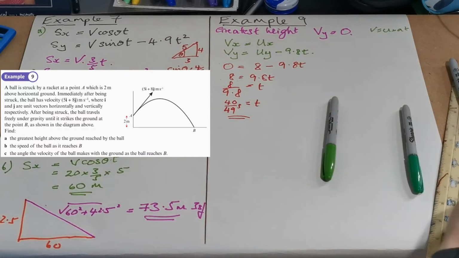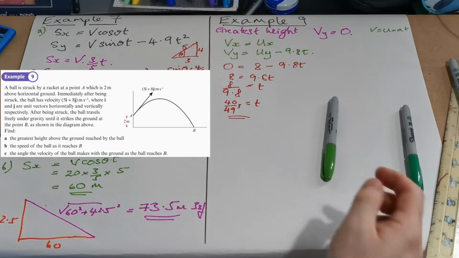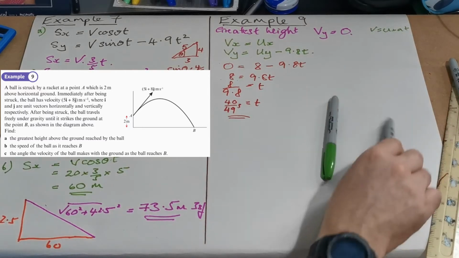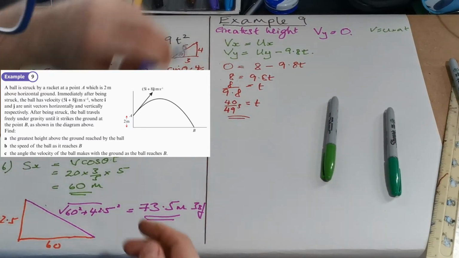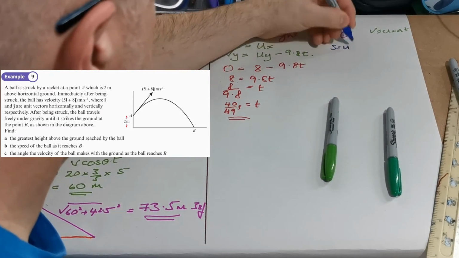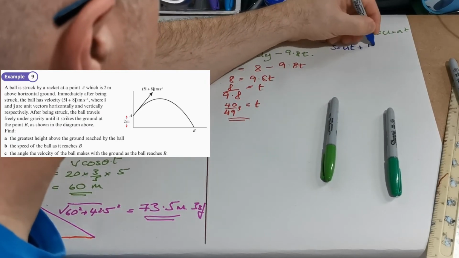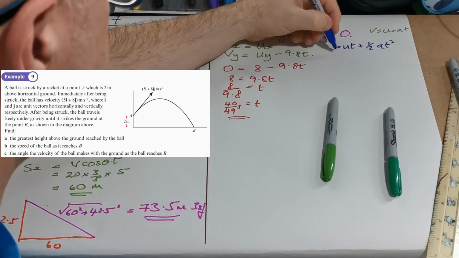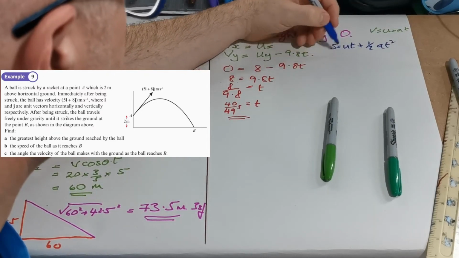Now if I want to know the distance, or the height that is, I'm going to use s equals ut plus half at squared as my basis.